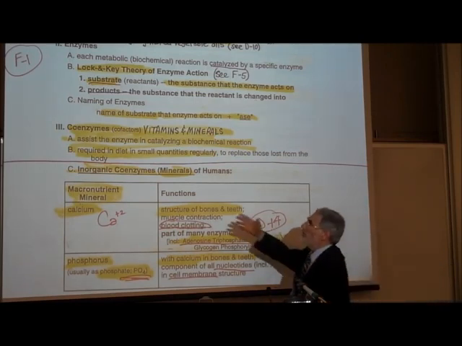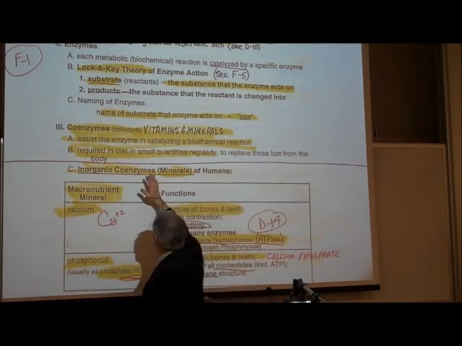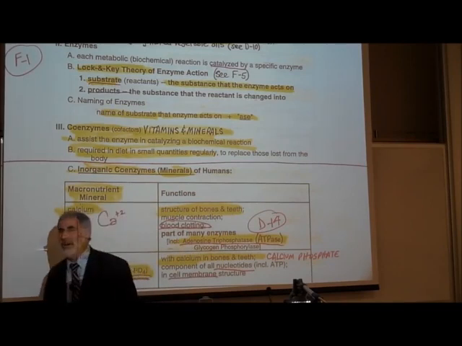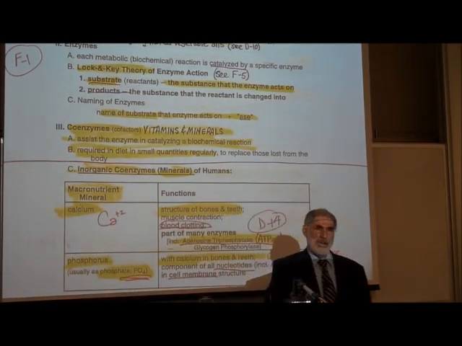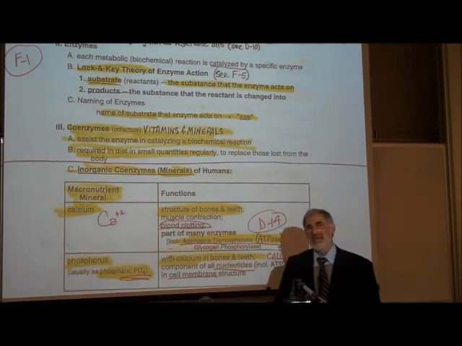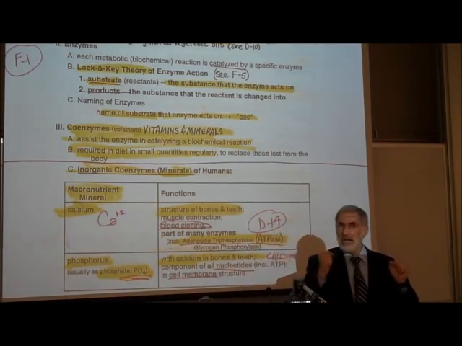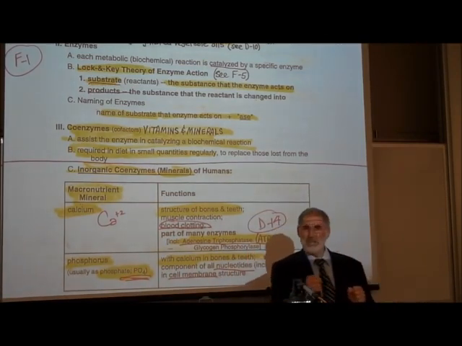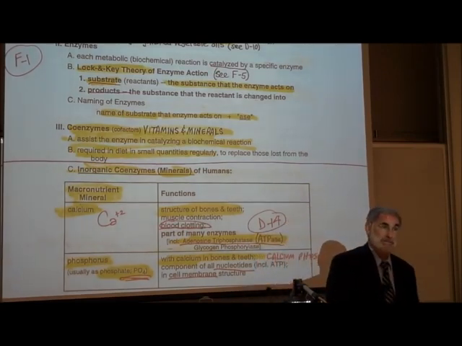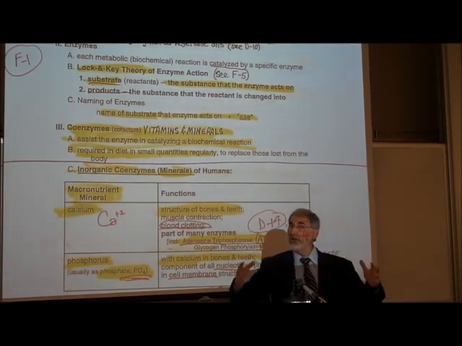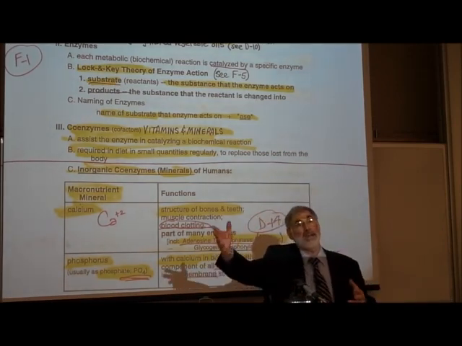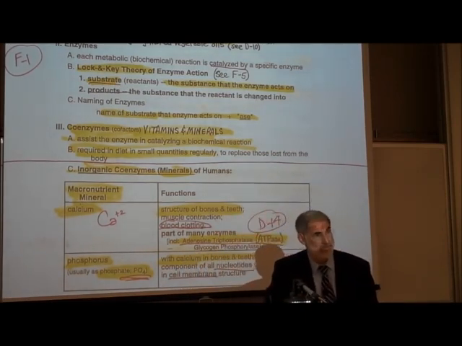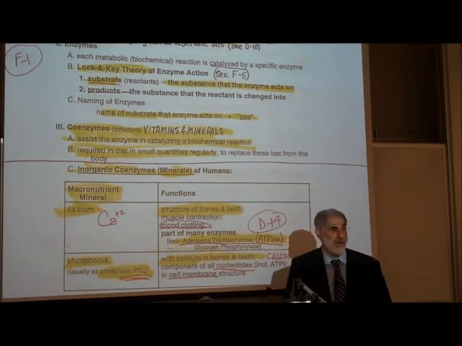Now, I wrote what are coenzymes. They assist the enzymes in catalyzing biochemical reactions. Here's my analogy, and I've mentioned this before. To fly a small plane maybe requires just a pilot. To fly a larger, more complex plane requires not only a pilot, but a helper, a co-pilot, maybe even more than one co-pilot.